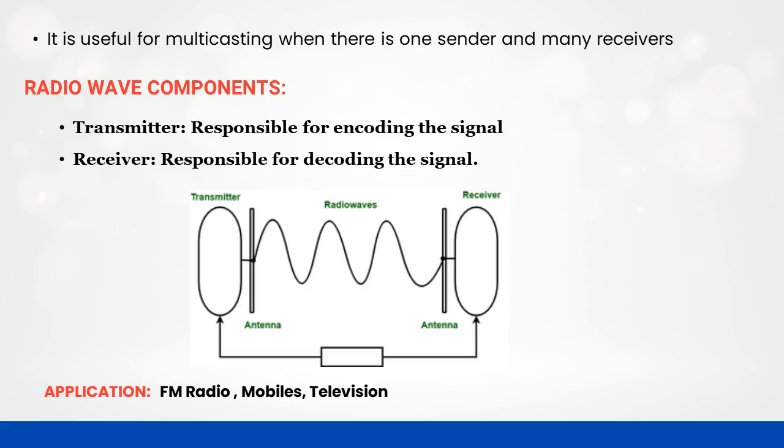Transmitter: this part takes the original information, like sound or data, and converts it into radio signals that can travel through the air. Receiver: this part captures the radio signals and converts them back into the original information so it can be understood.